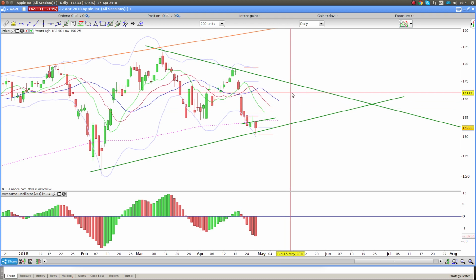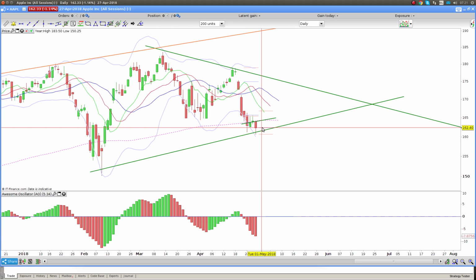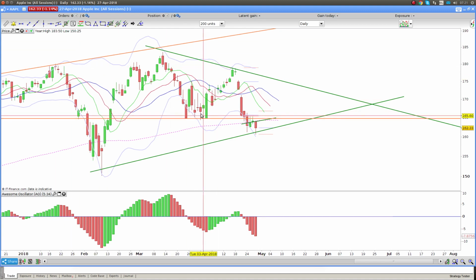The Bollinger is also giving you an indication here that there may be a reversal happening. Now be careful when I say reversal, because the reversal could be very short-lived, and I'll show you why. The first clue here is that we've broken this level. Okay, so we've broken through this last swing low.